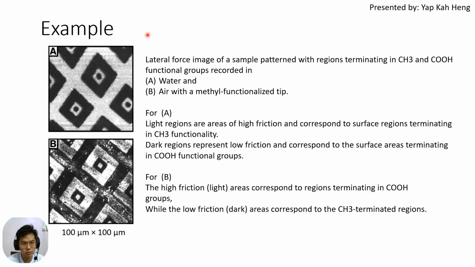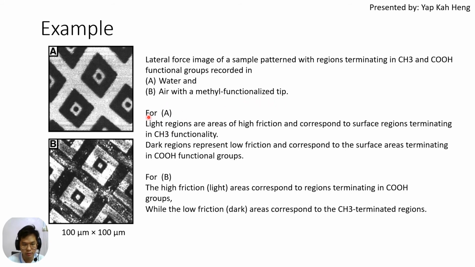Alright, so let us look into some of the CFM image examples. We can see that we have two figures, figure A and figure B, both 100 micrometers by 100 micrometers. Then the lateral force image of a sample pattern with regions terminating in CH3 and COH functional groups, recorded in water and also air with metal functionalized tips.